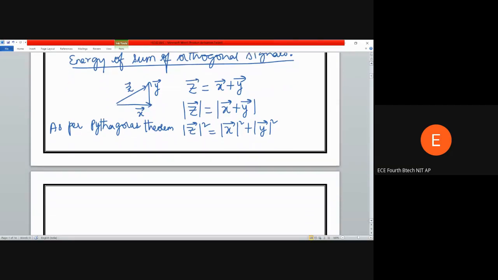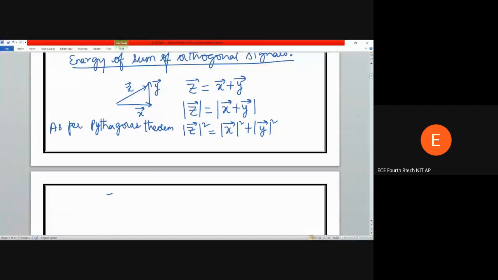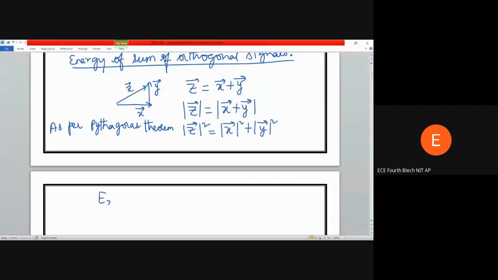Yes, let's try that. Let me take two signals, x of t and y of t, and verify whether the energy of the signal z of t, Ez, is equal to Ex plus Ey.